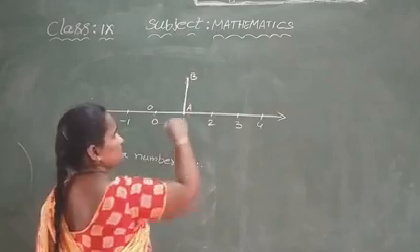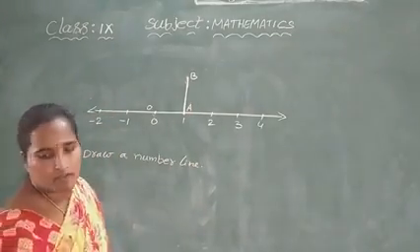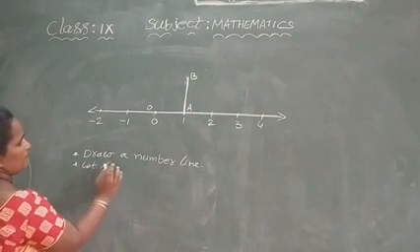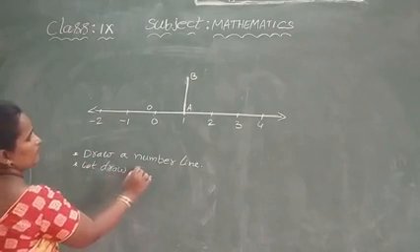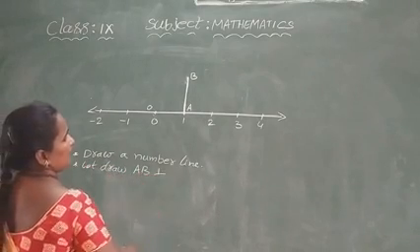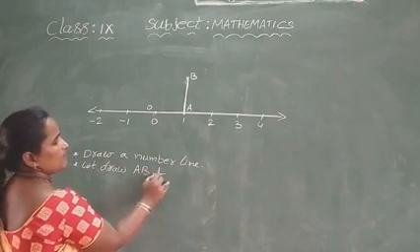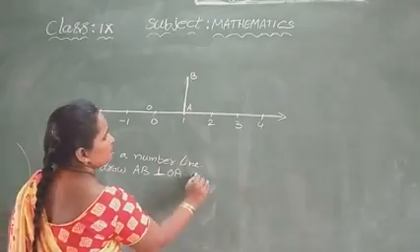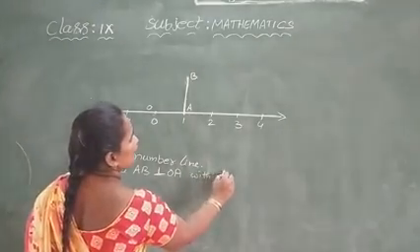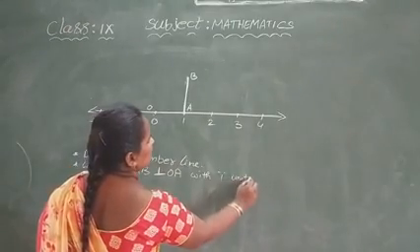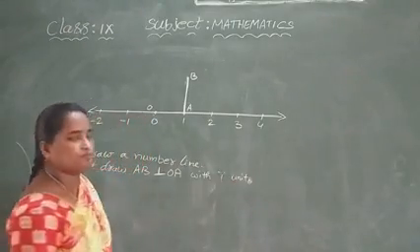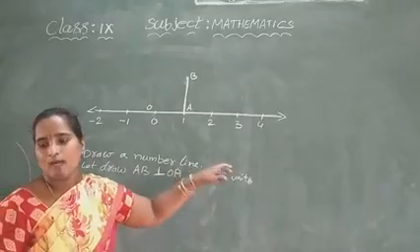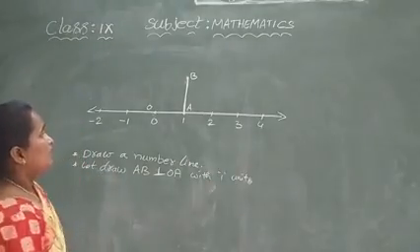Let us draw AB perpendicular to OA with 1 unit. This symbol is the perpendicular symbol, right? Draw AB perpendicular to OA with 1 unit.